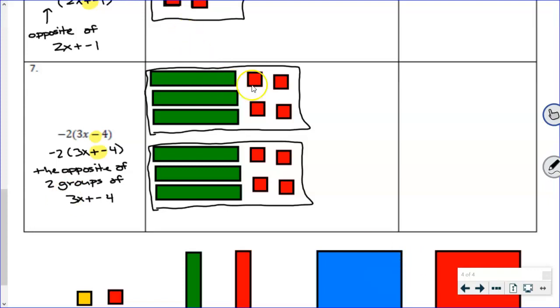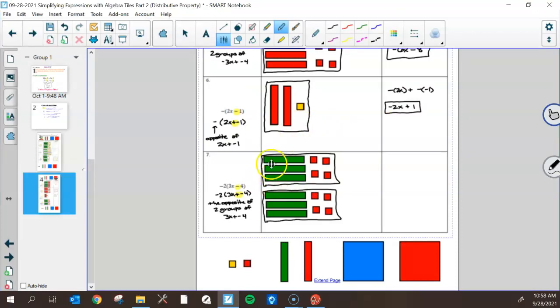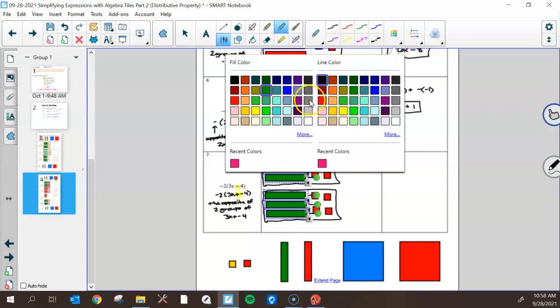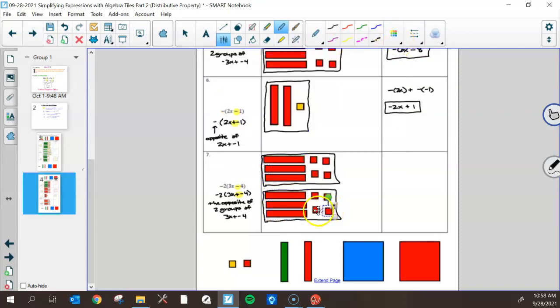So again, everything here, and I'm totally going to cheat on this one too. Everything here is going to change to its opposite. Just like everything here is going to have to change to its opposite as well.